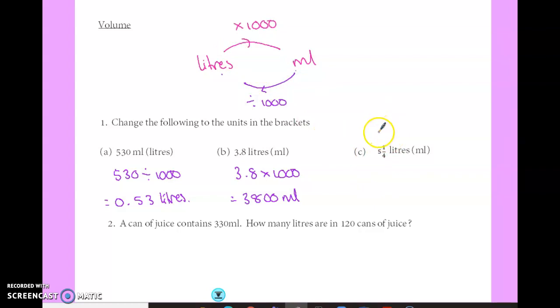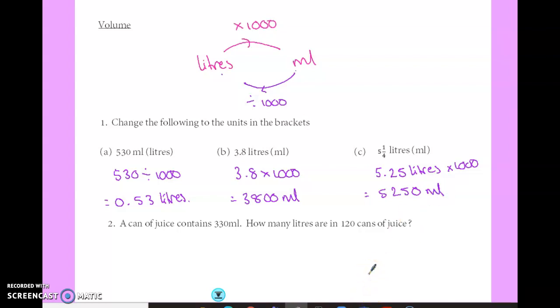If you need to do it in your calculator, you're just doing 1 divided by 4, or you might just know 5¼ litres is the same as 5.25 litres. A quarter is the same as 0.25. I want to change that into millilitres, so I'm timesing it by 1,000, which is 5,250 millilitres.